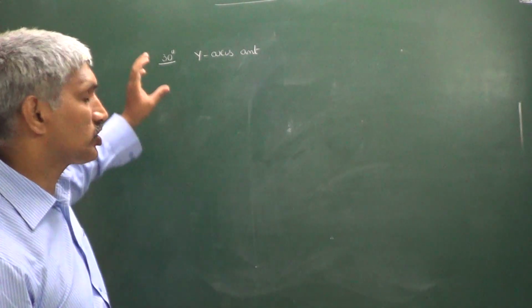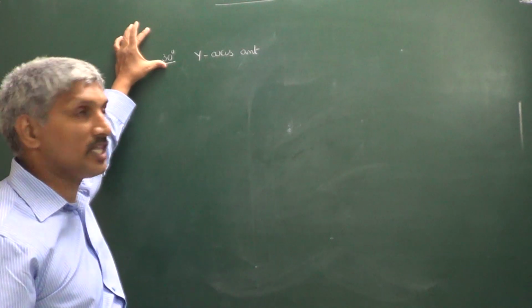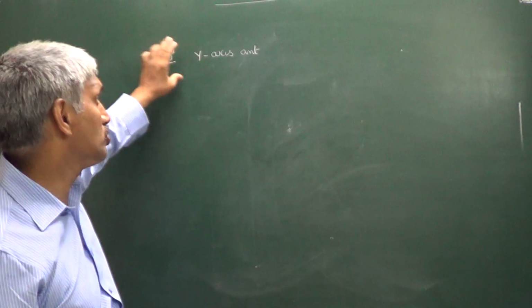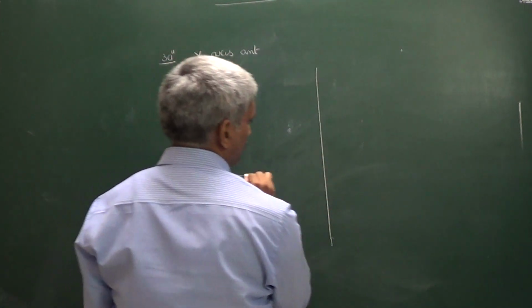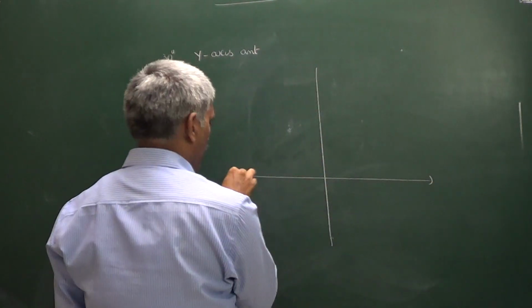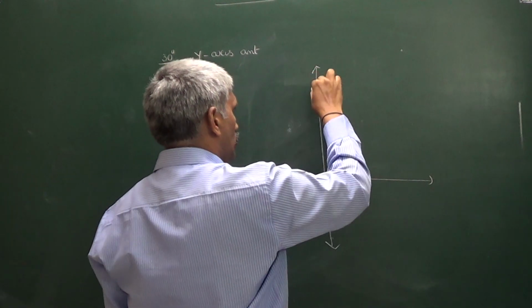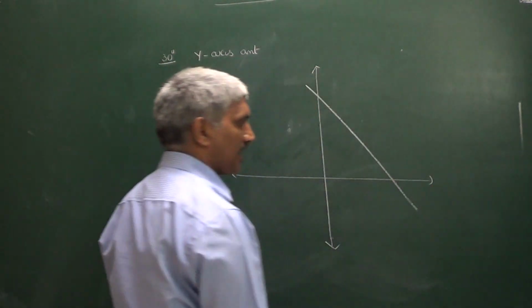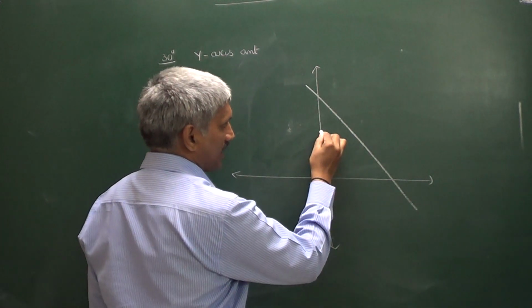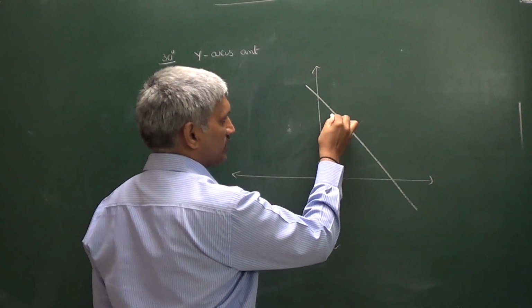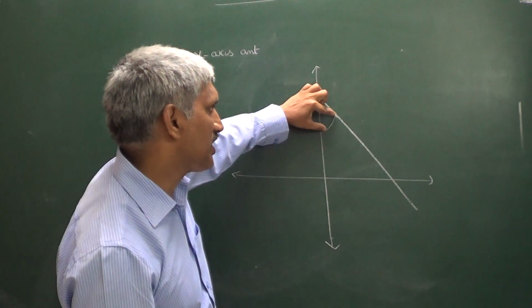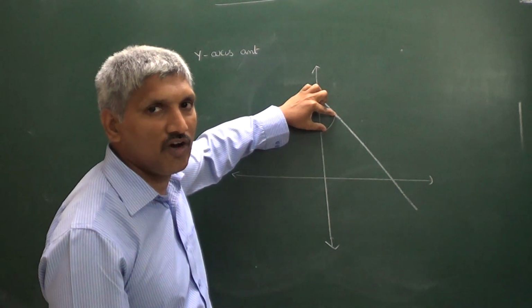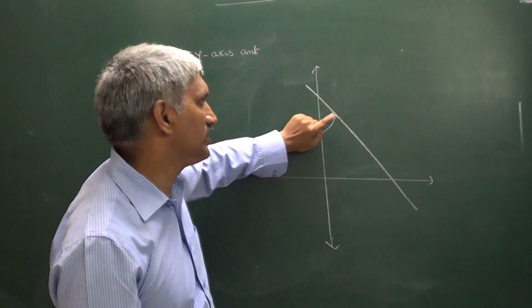We have to find the slope of this particular line which makes an angle 30 degrees with the positive direction of y-axis in anti-clockwise sense.